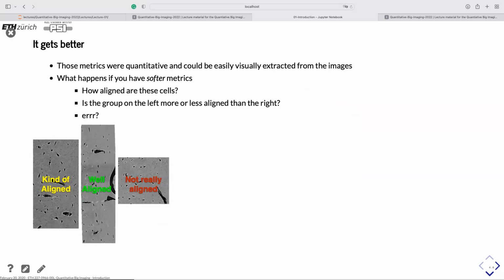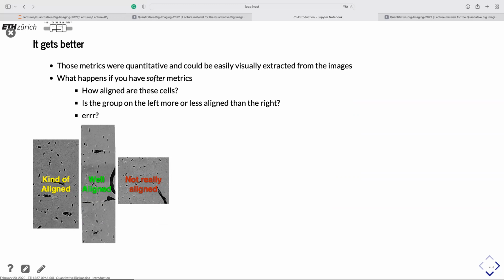You want to have some more quantitative metrics, and it's sometimes easy to see by eye, but if you want some softer metrics, like how well aligned are these cells, so if they have some anisotropic shape, are they all directed in the same way, or are they just randomly oriented?